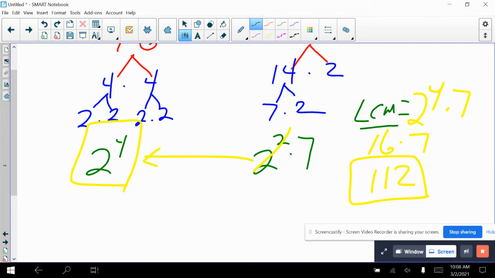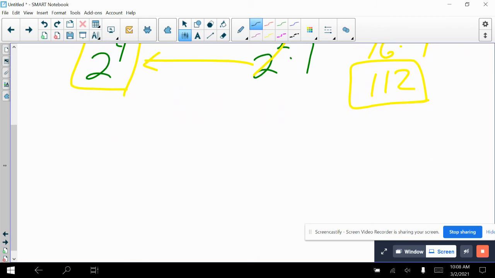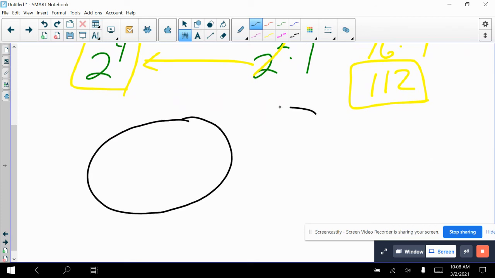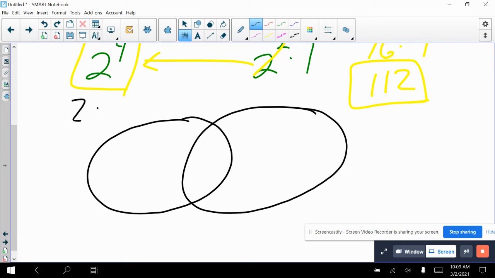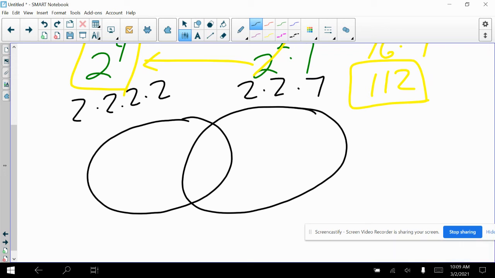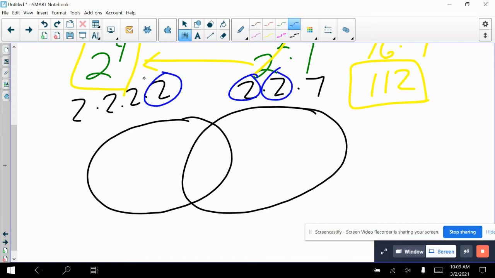Okay, if we were doing this using the Venn diagram, right? And here is where maybe you need to write it out in expanded form so you can see what they share, right? They got a 2 and a 2 and a 2 and a 2.